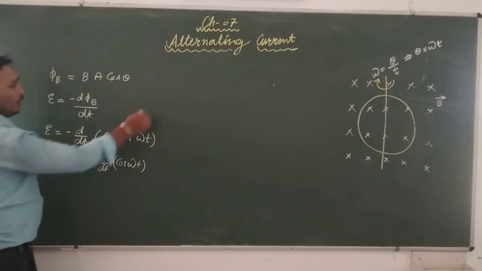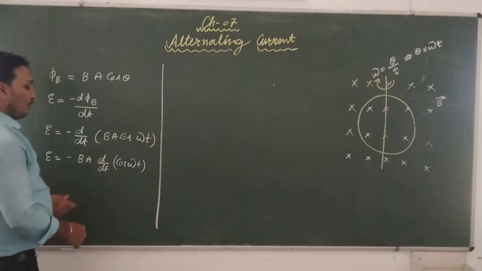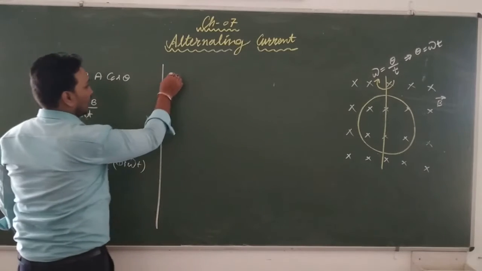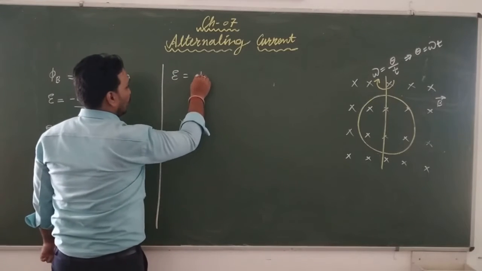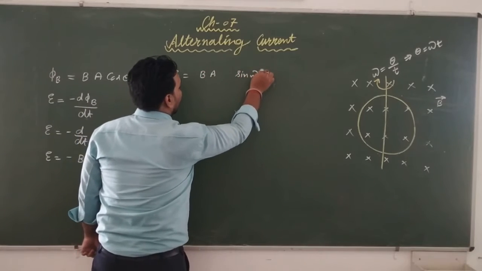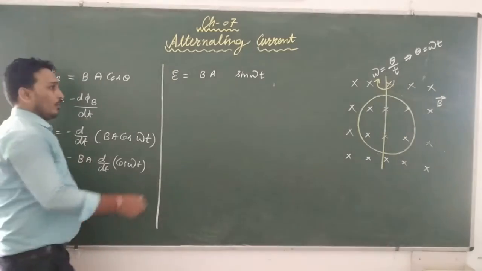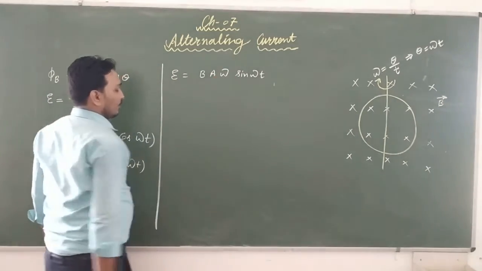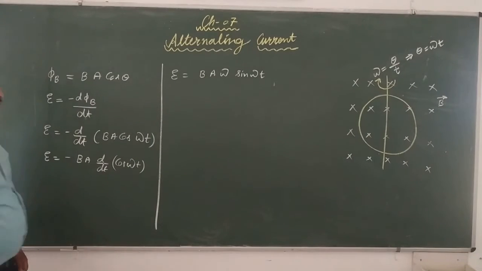Being a student of class 12, you must know the differentiation of cos theta is minus sin theta. So E is going to be, with the minus sign adjusted, B A sin omega t, and this omega t will again be differentiated, so we are going to have an omega also. So we have B A omega sin omega t.